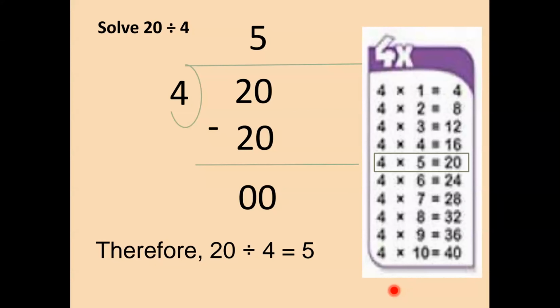Sorry, we are doing division. Sorry, ma'am, by mistake. First, draw a box. Then outside we write a 4 and inside 20. 4 fives are 20. Upside we write 5. 20 minus 20 is 0. Therefore 20 divided by 4 is equal to 5. Okay, great.